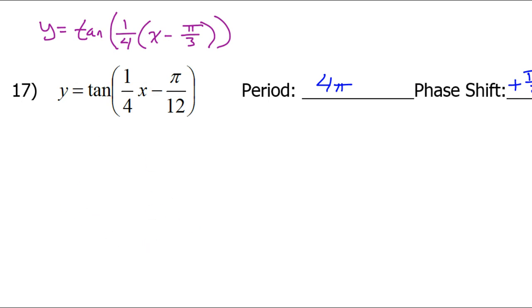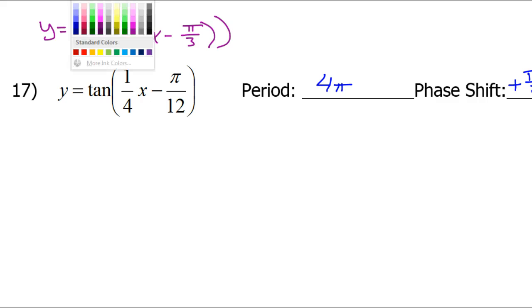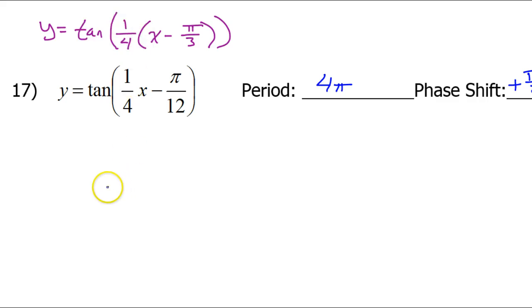So, tangent. Hopefully you have memorized at this point that this is what tangent looks like. Imagine that we have one period of tangent. Okay, so I'm just going to put 5 marks here. 1, 2, 3, 4, 5. So this is not necessarily the x-axis, but this is the midline.